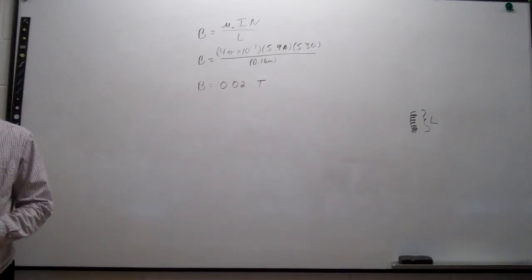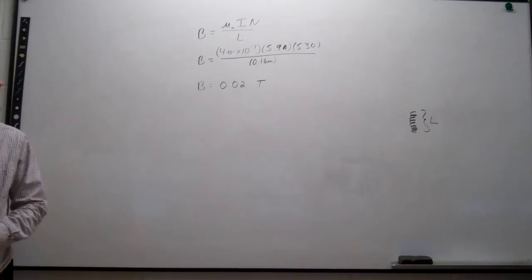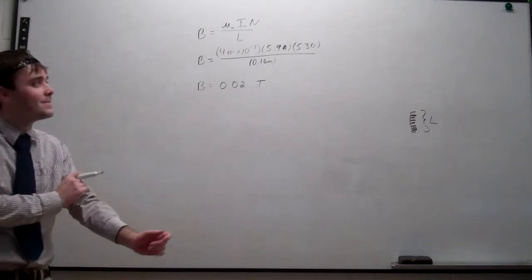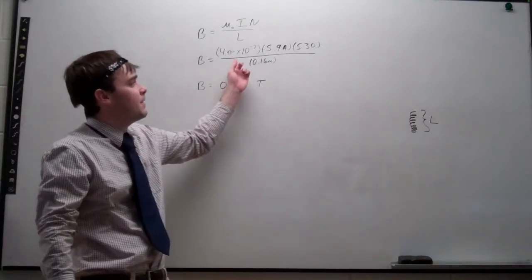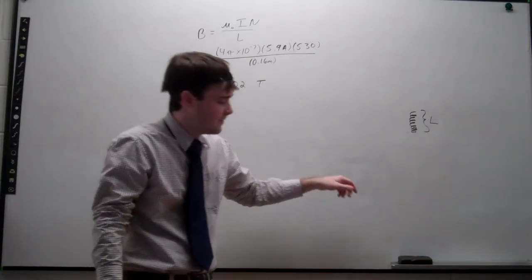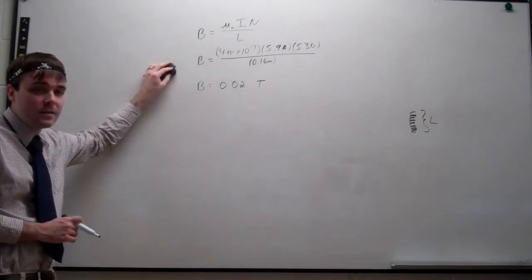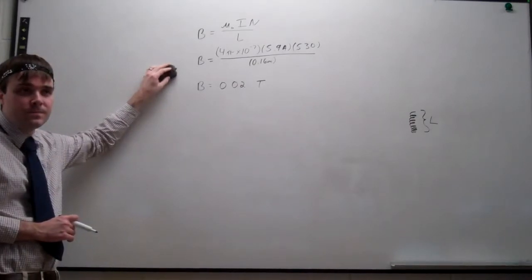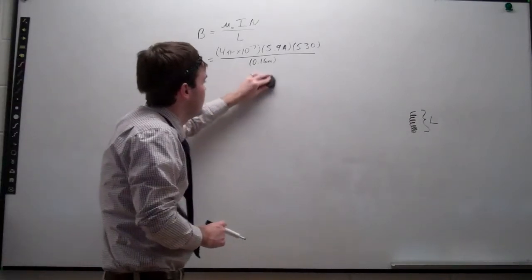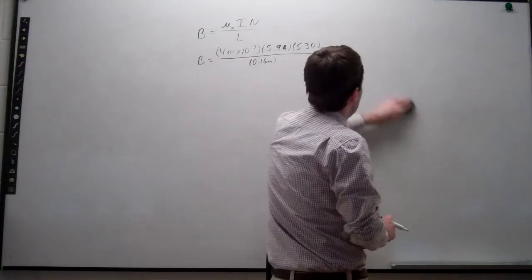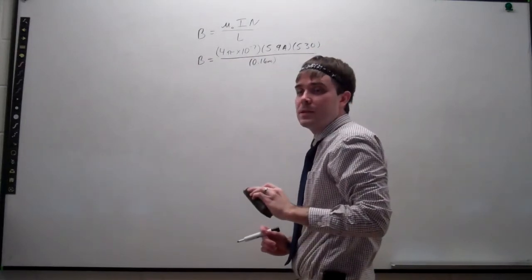I have 0.02. 10 to the negative 7th is a really small number. You're dividing by a really small number. 10 to the negative 7th is way smaller than 0.16. Do radians matter? Radians do not matter in this topic. Alright, can I erase this? So what was the answer? 0.02 Teslas.